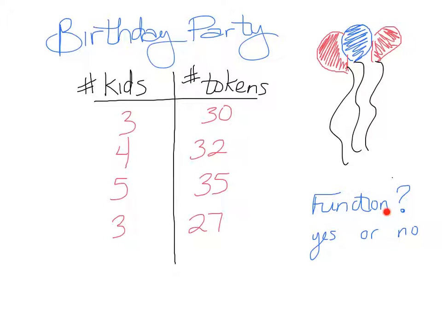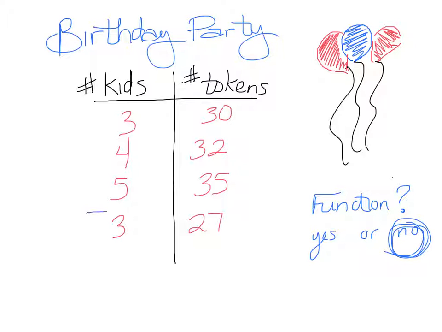But is it a function? Well, for it to be a function, it has to follow a rule where there's no confusion. And in this, it creates confusion. If I'm bringing 3 kids, am I getting 30 tokens or am I getting 27 tokens? That creates confusion. So that's a no. This is not a function.